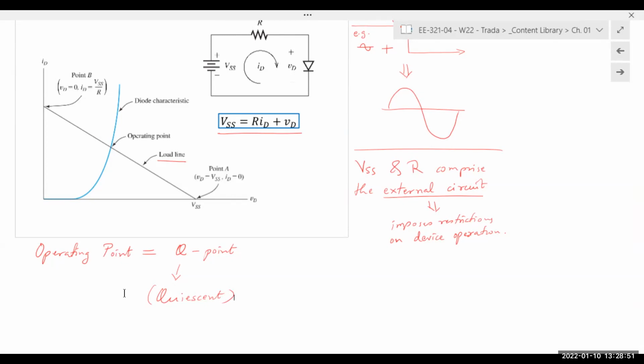So in the case of this circuit, let's say I have my diode, and I have an AC signal also coming in somewhere. I'm not showing the AC signal right now, but let's say I apply it in series with VSS, superimposed on the DC voltage.